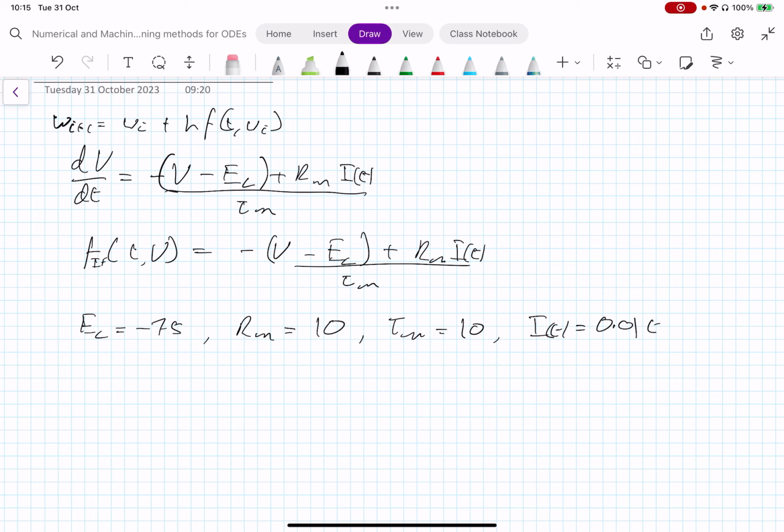So I'm going to sub all that in just to make it a bit easier. I'm going to call this f_IF, just to refer to integrate-and-fire. This will make more sense when the code is implemented. So f_IF is equal to minus (V plus 75, because minus minus) plus 10 times 0.1 t, all divided by 10.